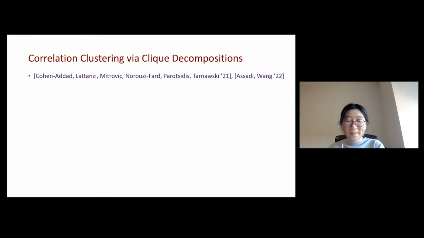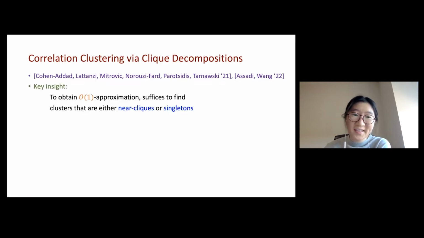So let me dig a bit deeper into those two lines of work. Let me start by talking a little bit about the second line of work, which is based on a technique called clique decompositions. This consists of the work of Cohen-Addad, Lattanzi, Mitrović, Norouzi-Fard, Parotsidis, Tarnawski, and the work of Assadi and Wang. The key insight here is that to get a constant factor approximation, it suffices to find clusters that are either near cliques or singletons.